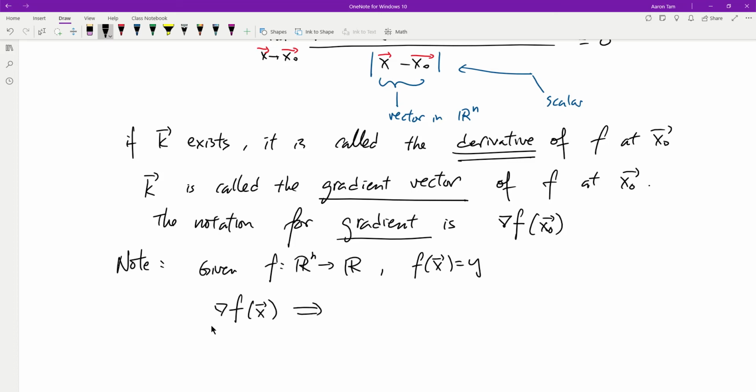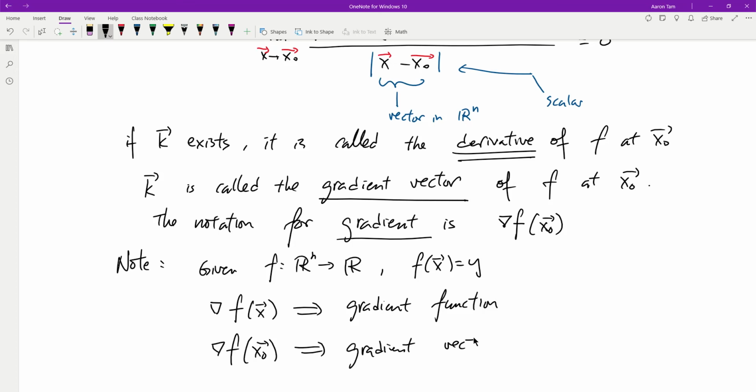This gradient, that's upside down delta of x, which is a variable, is often referred to as the gradient vector function. However, we most likely refer to it as just gradient. Or sometimes maybe I just call it gradient function. If you have gradient of f at x sub 0, then that is usually referred to as the gradient vector at x sub 0.